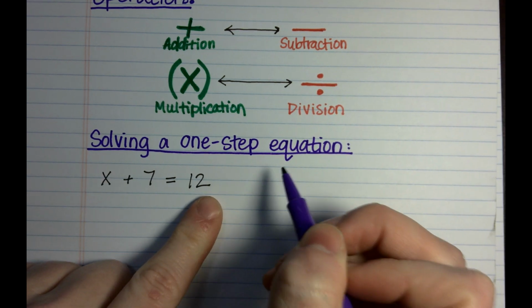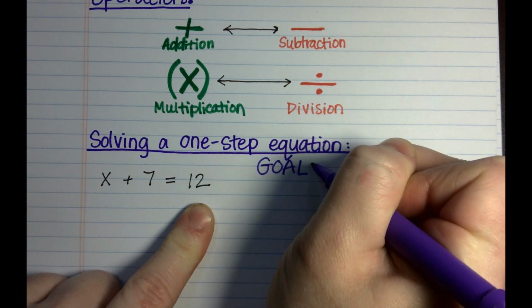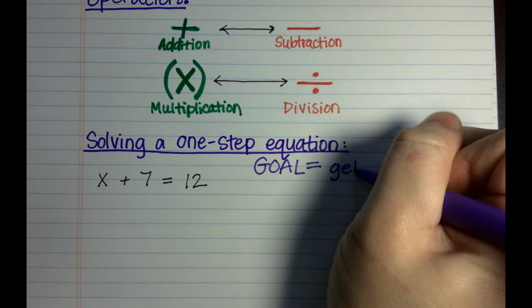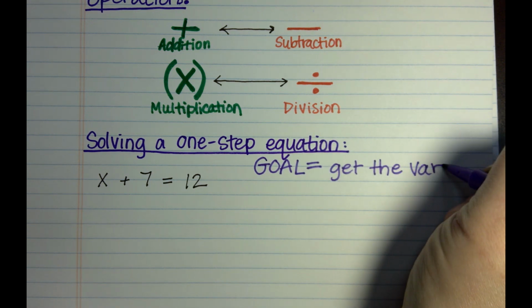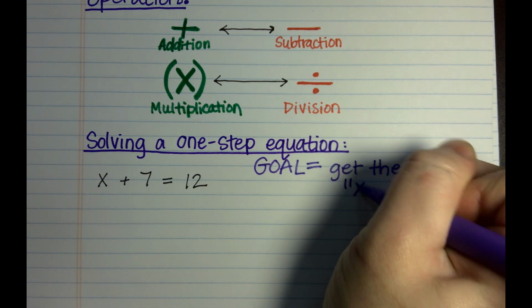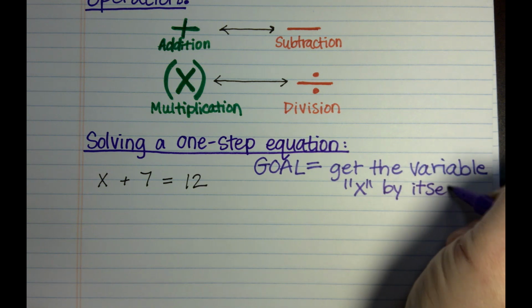Let's write our goal out to the side. Our goal is always to get the variable x by itself.